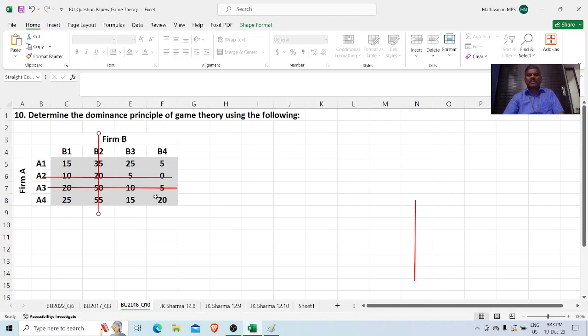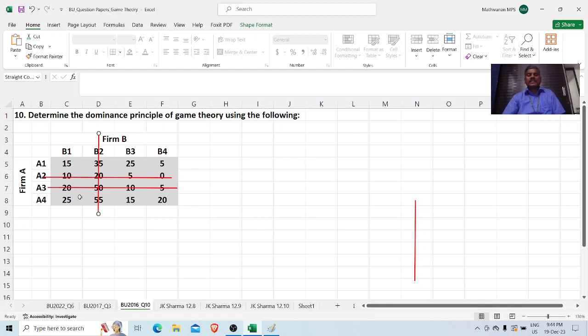We will compare with strategy 4. B1 will result in loss of 15 points. B4 will result in loss of only 5 points. That means B4 is a better strategy when firm A uses the first strategy.